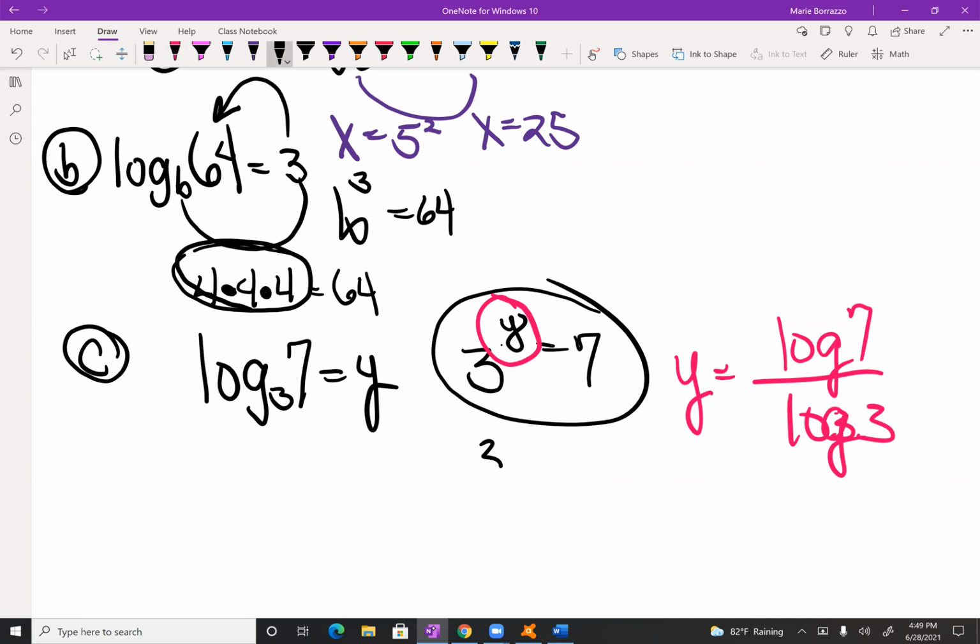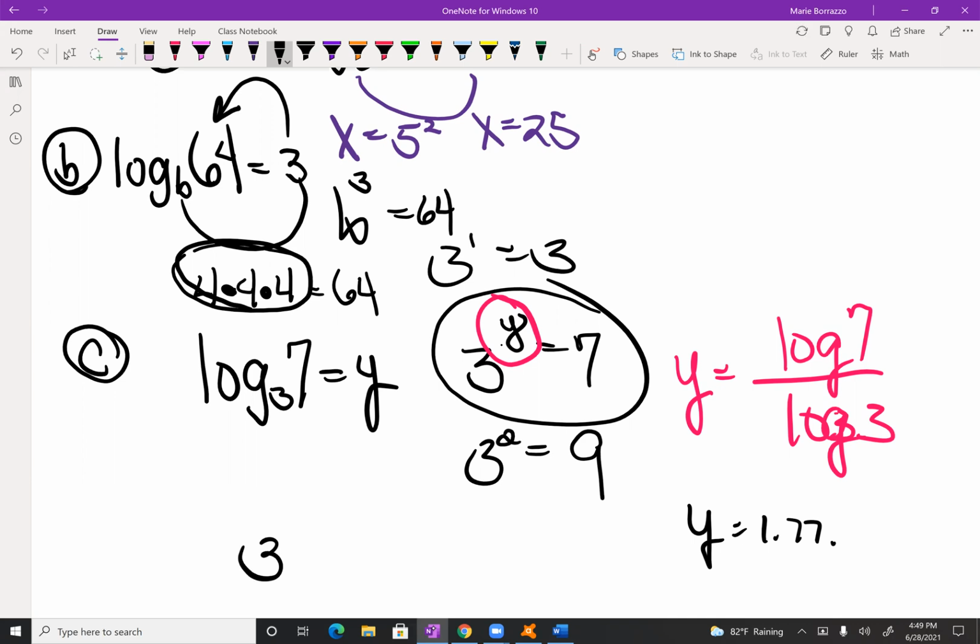We know that 3 to the second power is too big. We know that 3 to the first power is too small. And 1.77 might be just what we need. So 3 raised to the 1.7712437749 and so on should give you 7. Try it.